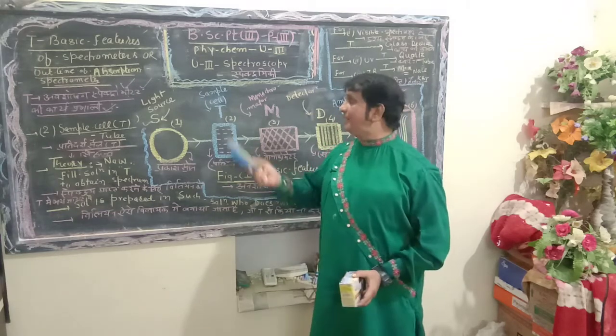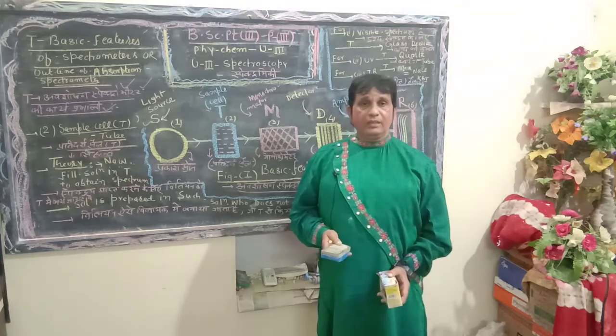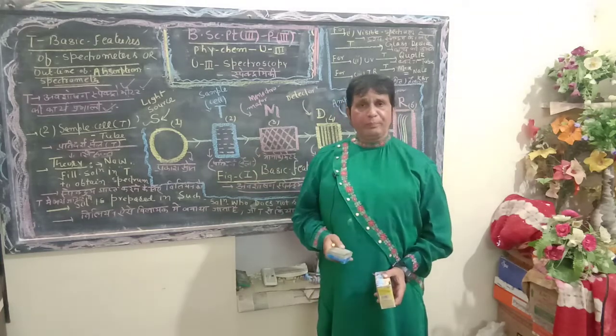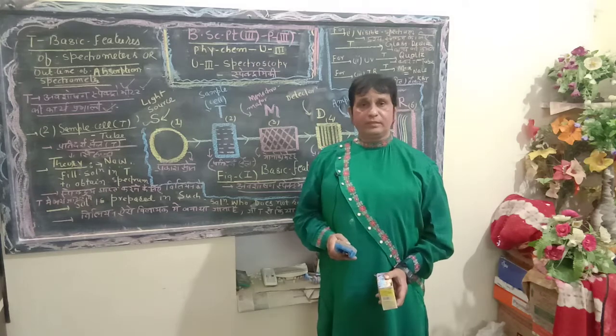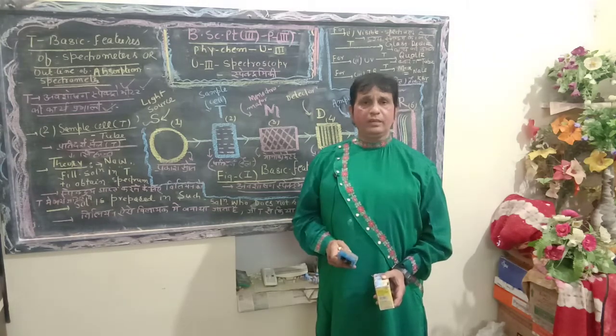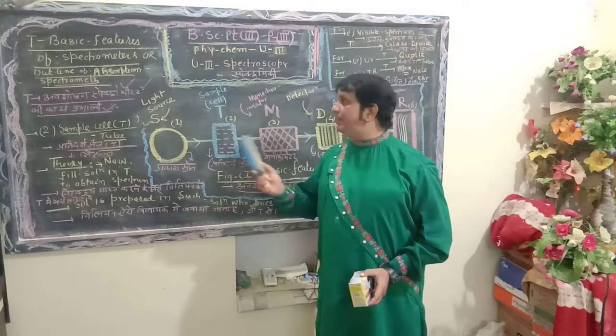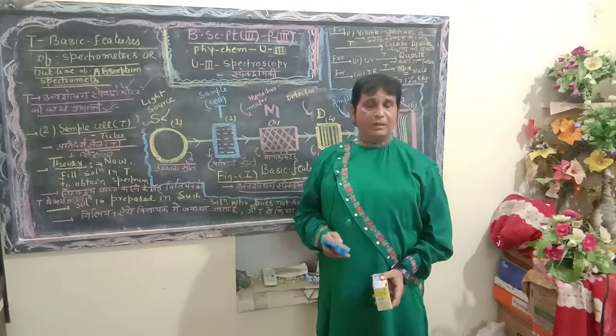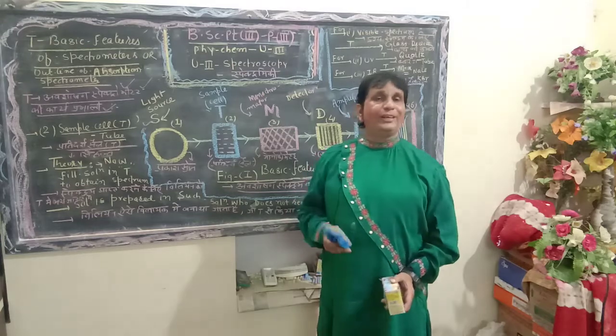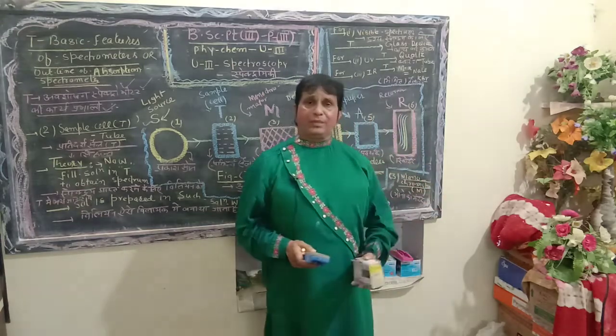Hence, the sample cell T, symbolized by 2, is the part of the spectrometer in which the solution is filled for the production of the spectrum.